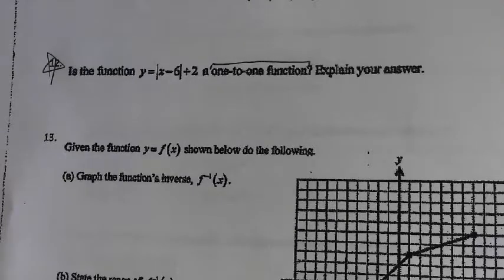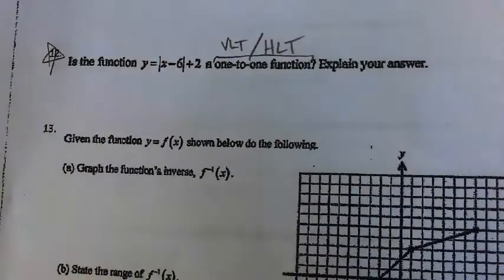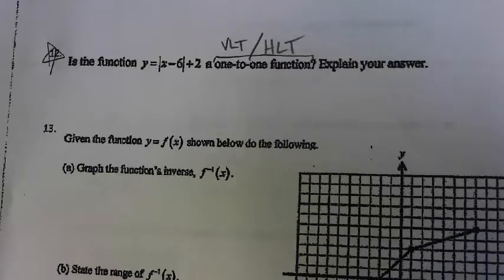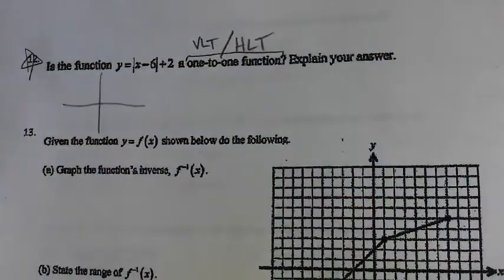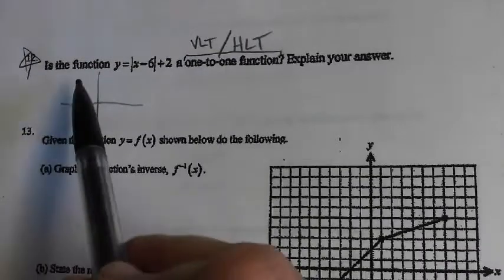How about visually, if you're looking at a picture? It should pass the vertical line test and the horizontal line test. So the best idea here, I think, is going to be to look at a picture of this. You can just type it into your calculator. Given that we just talked about this, though, we talked about what the parent graph looks like.